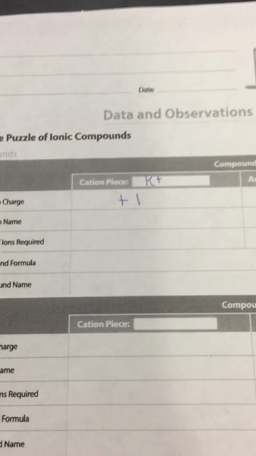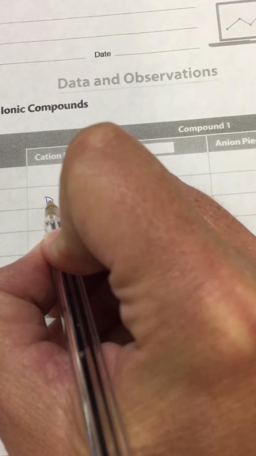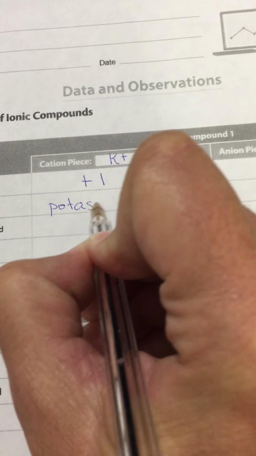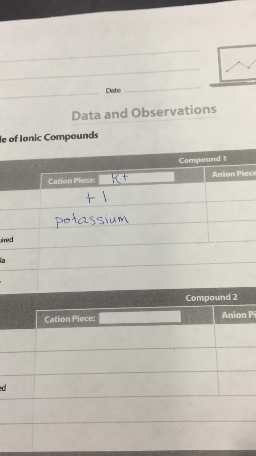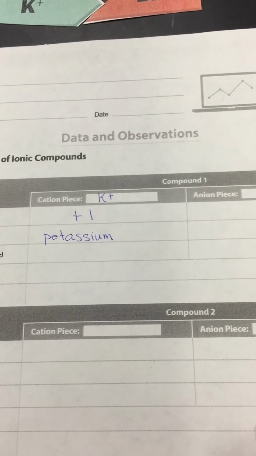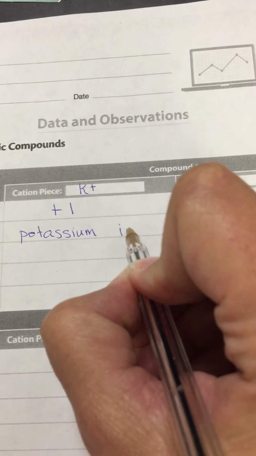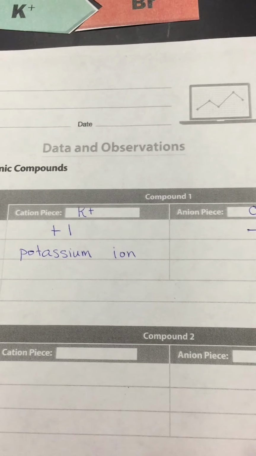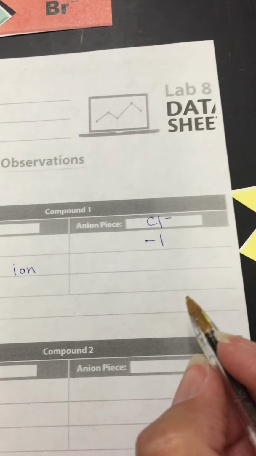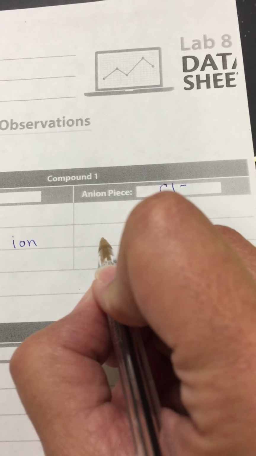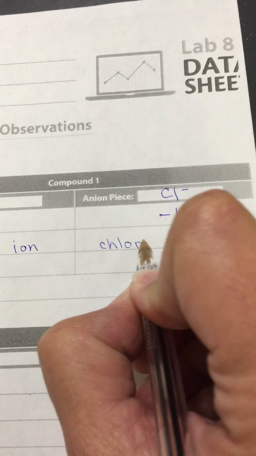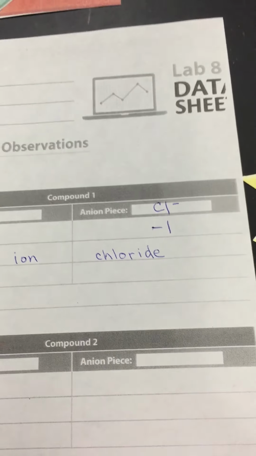The ion name: how do you name K? It is potassium. Metal cations are named the same as the element name, but since it has a charge, we'll specify that it's an ion. The name of an anion is the element, but change the ending to IDE, remember?